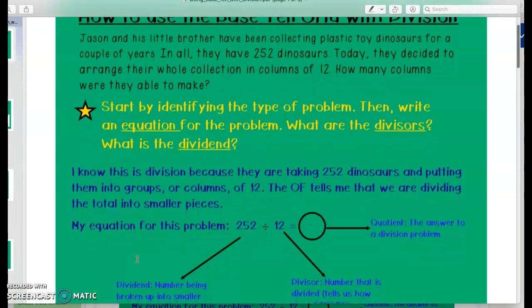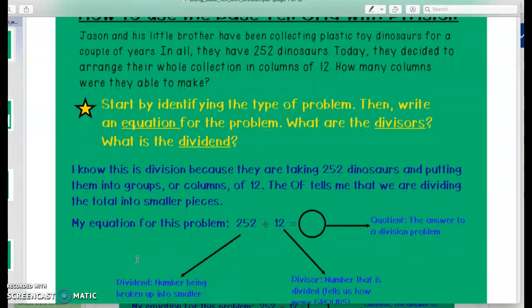The problem that I just read, I know this is division because they're taking a total of 252 dinosaurs and they're going to put them in groups. I heard groups because I heard the word columns. And I know that they want to form groups of 12 in their columns.